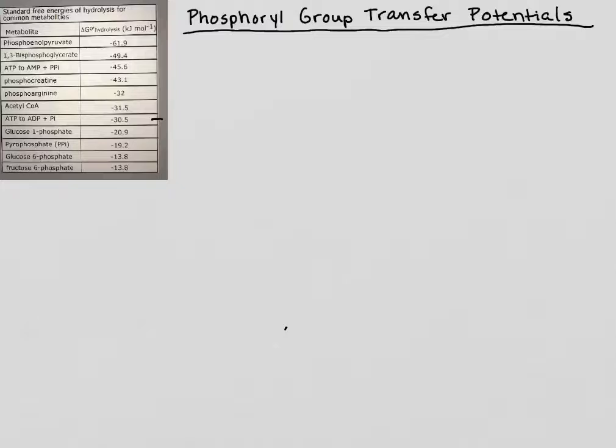So we know then that in this case, ATP being hydrolyzed to form ADP and inorganic phosphate is the exergonic half reaction, negative 30.5 kilojoules per mole. Now, additionally, we need to write the endergonic half reaction.